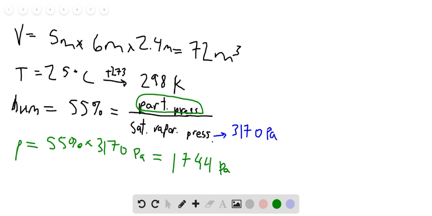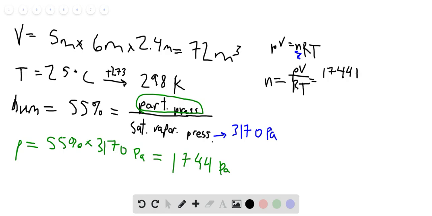Right? And we're asked what is the mass of water. So if we have the number of molecules of water, we'll be able to convert to mass. And now that we have volume, temperature, and pressure, we can use the ideal gas law, PV equals nRT, and calculate this n. So n equals PV over RT, and that would be our pressure here, 1744.